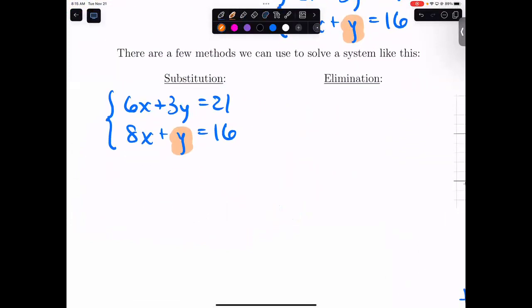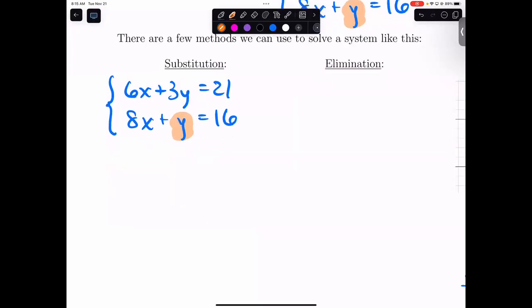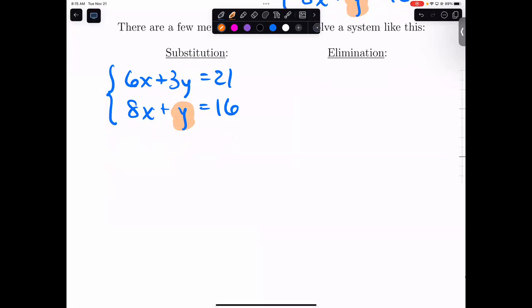Okay, so we have a place in there where I've got y all by itself. That would be pretty easy to solve for y then, right? So let's take this equation and solve for y. To solve for y, what would we need to do? Subtract 8x.